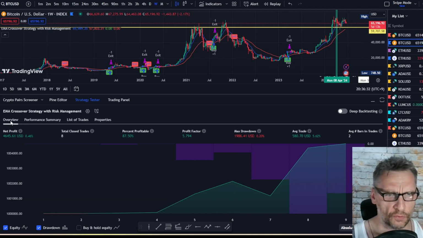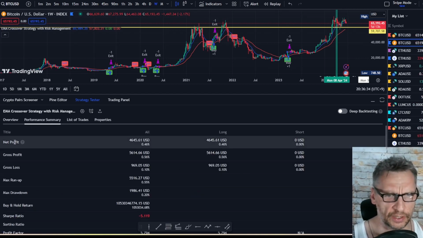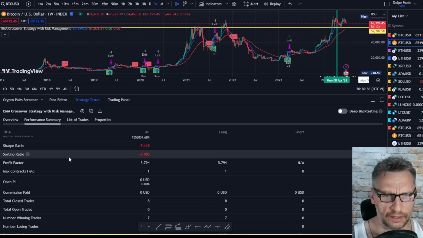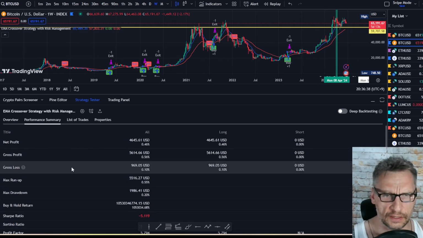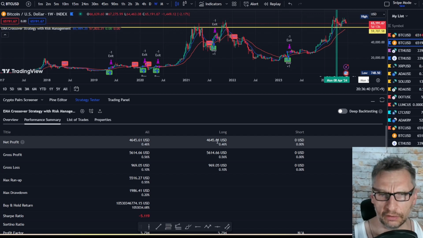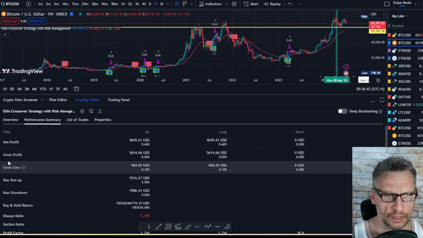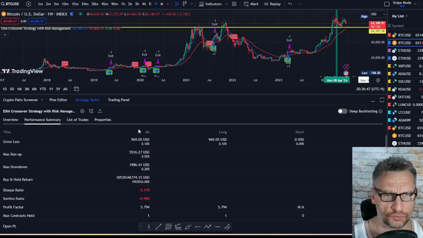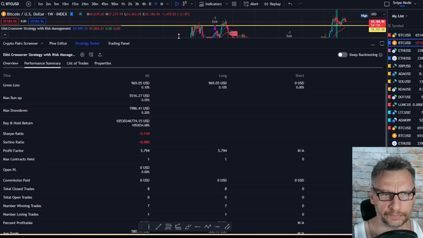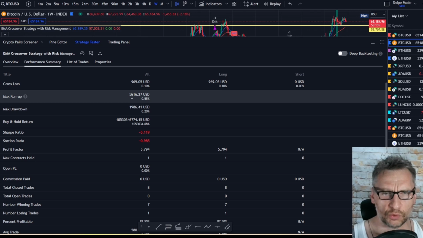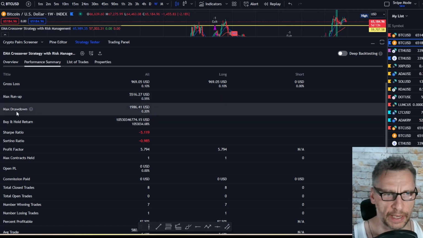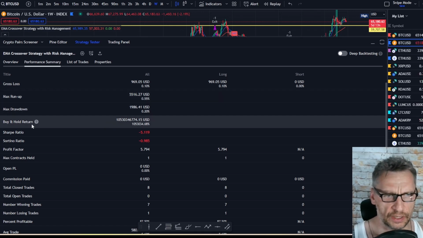So that's the overview. Performance summary, it gives you the exact trades. So there's the net profit, all for longs, for shorts, 0. Gross profit, gross loss, max run. Let me just make this a little bigger. Max run was $5,000. Max drawdown was 1900 right here. Buy and hold return, that is an insane number. I'm not sure what that is, to be honest with you.